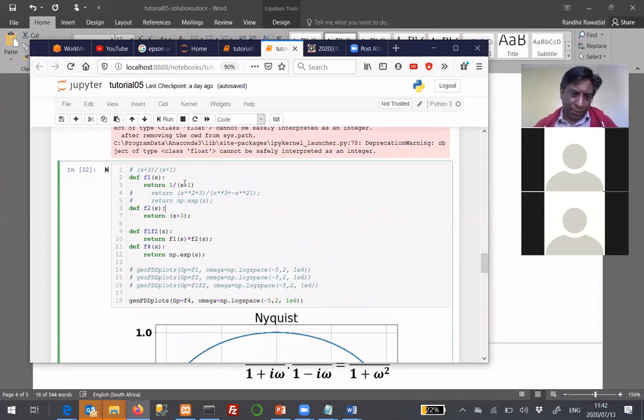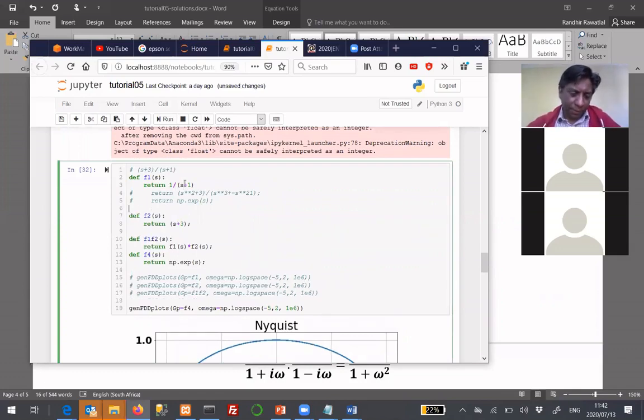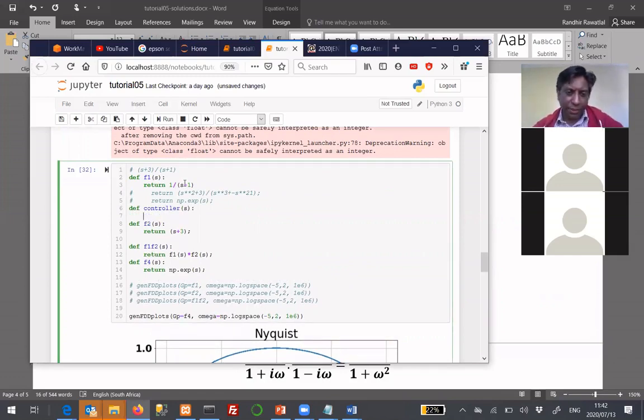Then your controller, so def controller, that is actually going to add an s function. So that's going to give us, let's say, for instance, a tau I times 1 plus s. So it's doing nothing but add another term like the ones we already know how to deal with.